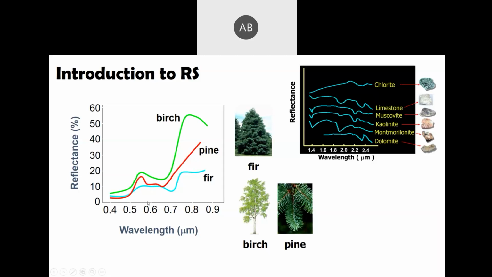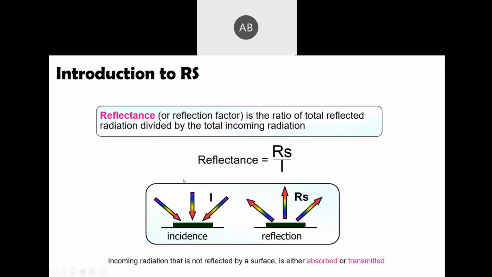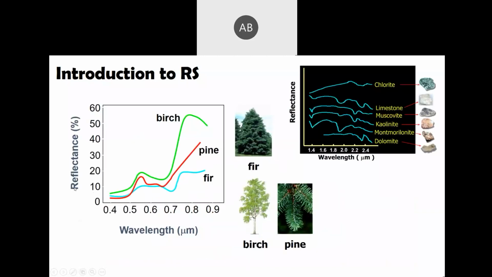So as you see in this slide, if you are designing a sensor to capture information in the wavelength range around 400, and the sensor is in the satellite, what kind of information is it capturing? It is giving you an indication about the reflectance of a particular object. This red object at the 400 nanometer range is showing a reflectance of around 2% or 3%.